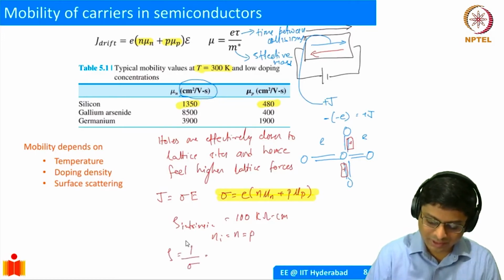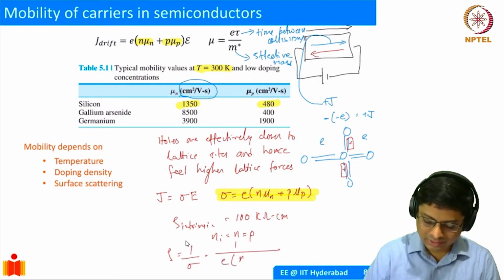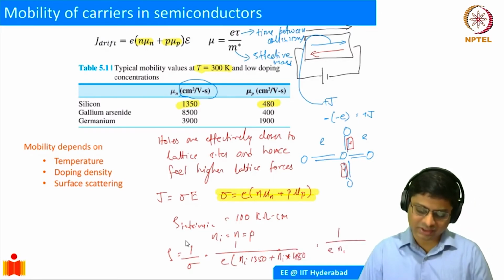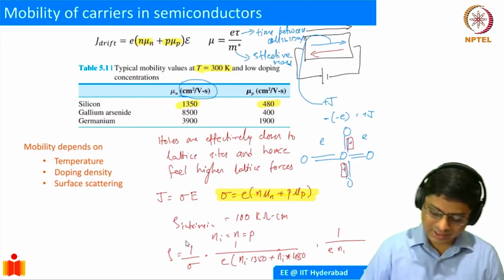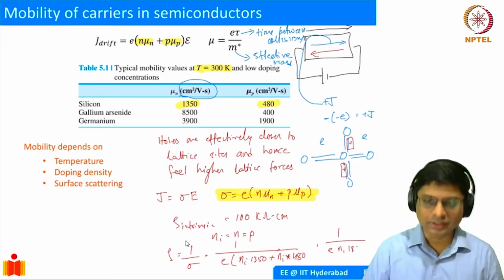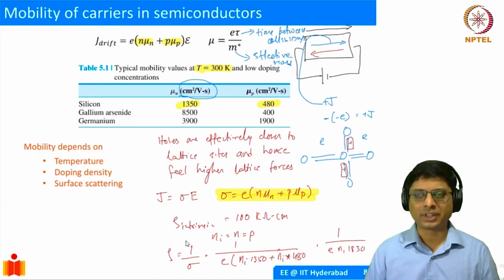That is 1 by charge density times Ni times (mu n, 1350, plus mu p, 480). So this will turn out to be something E Ni, and 1350 plus 480 is 1830. Estimate how much this is going to come to.